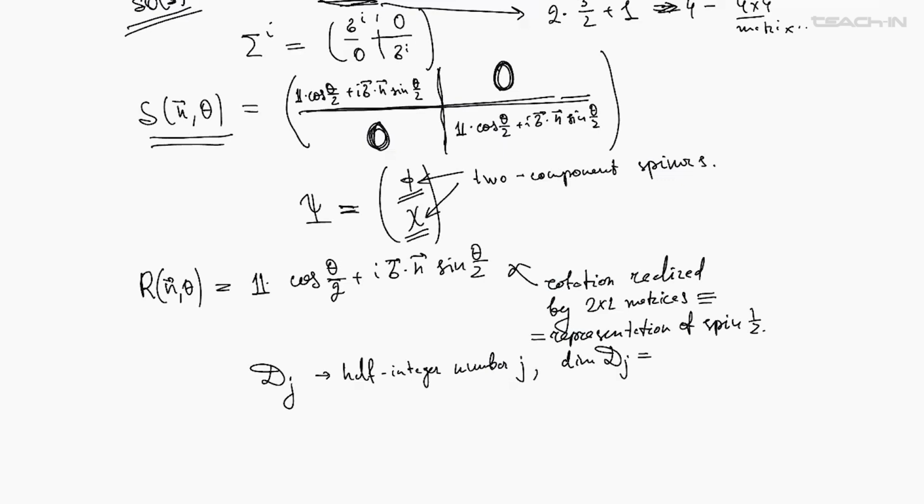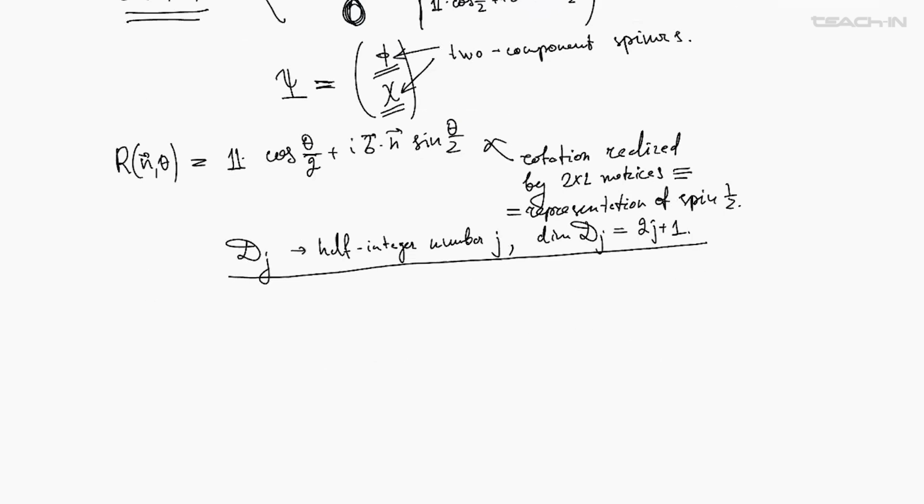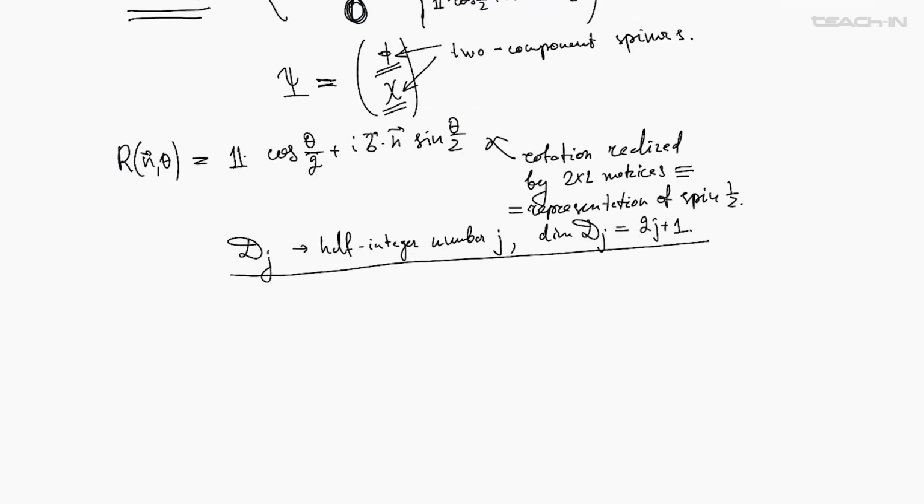And that is what we explicitly see for the case of j equal to 1/2. Because this is a spin half particle here, that's why we have two irreducible representations.